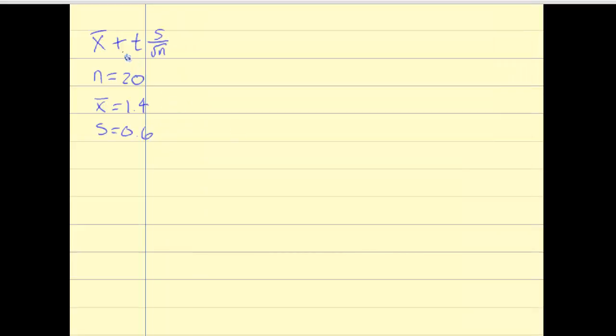So the formula for calculating this confidence interval will be x bar plus or minus t times s over the square root of n. This part here, t times s over the square root of n, is called the maximum error of the estimate.